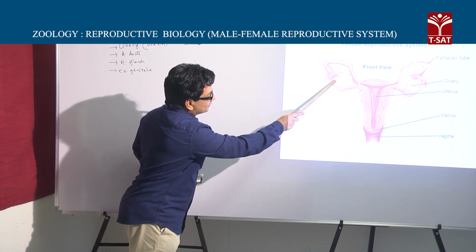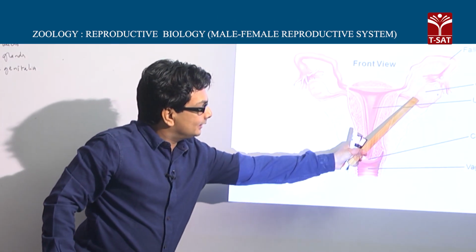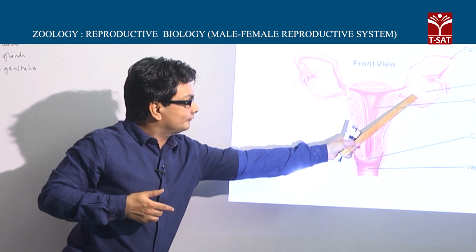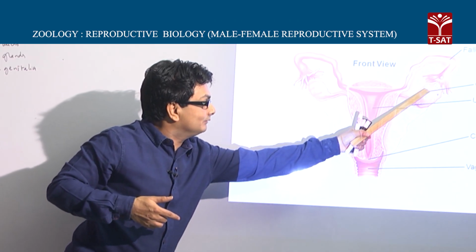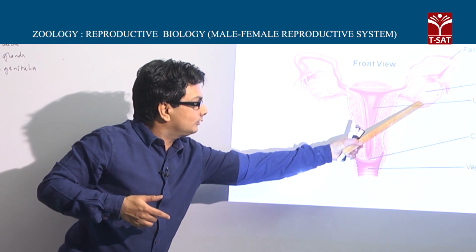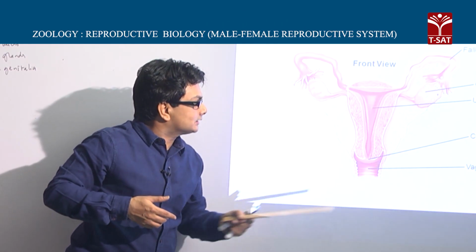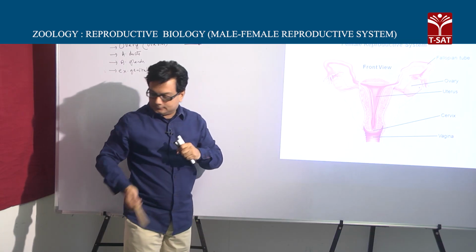This is a superficial view of the ovary, and the other one is partly the anatomy of that, wherein you can see within the ovary the various stages of development. We can call it the follicle growth. You can see the primary, secondary, and tertiary follicles present within the ovary.